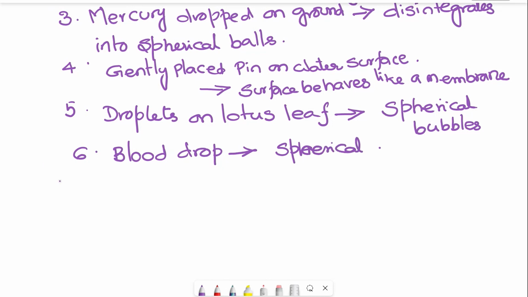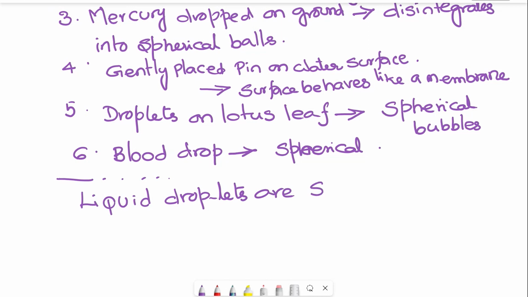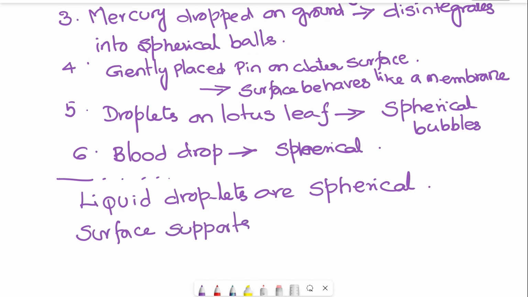So from all this above, what we can understand is that liquid droplets are spherical. This is the first thing. The surface supports small weights.